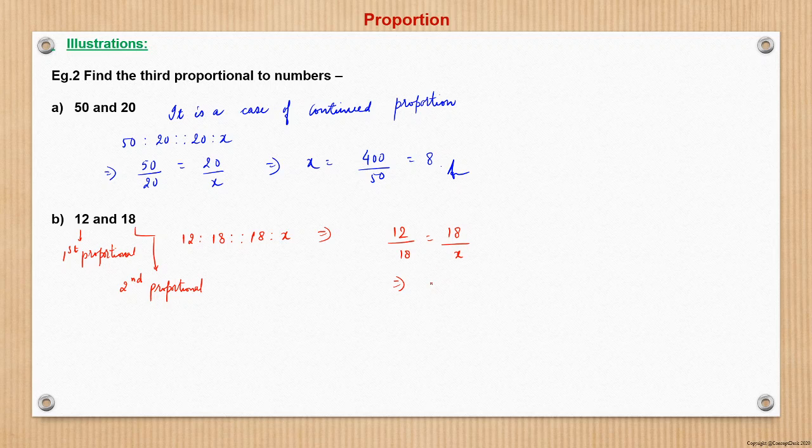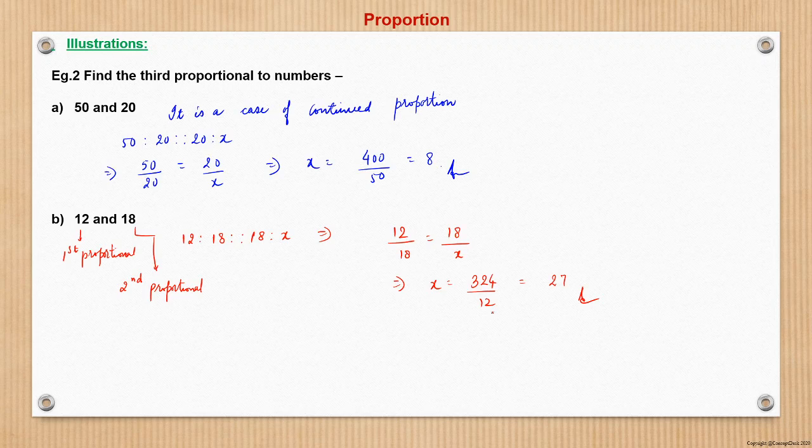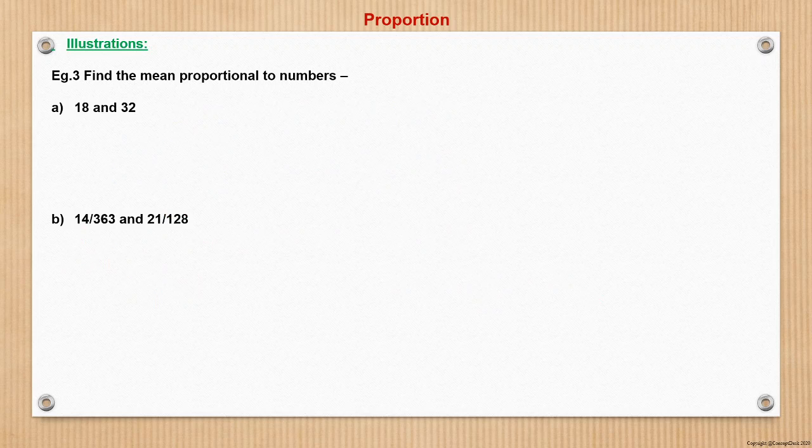So x is equal to 324 by 12, which is 27, the answer. It's a very simple, basic level, just to acquaint you with the terms like third proportional, second proportional, and how to identify whether it's a continued proportion or a general proportion.